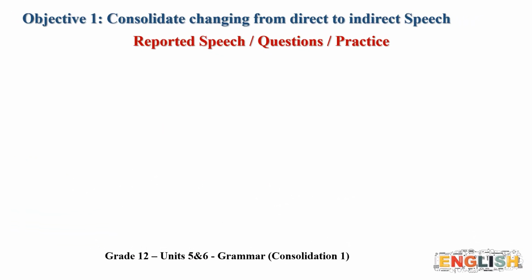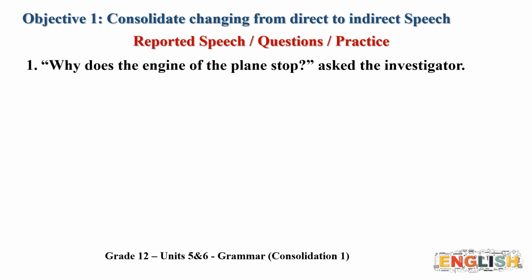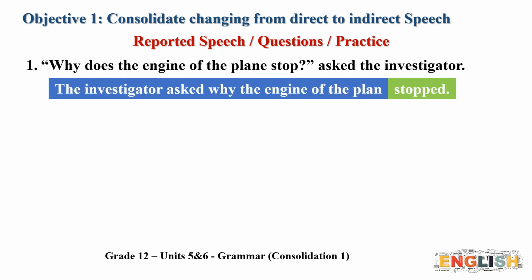Now, let's practice reporting questions. Here is your first question. It's a WH question. So please pause the video and report this question. Very good. Now, here is the answer. Remember to cross out the auxiliary verb and change the verb stop into the past simple. Very good.